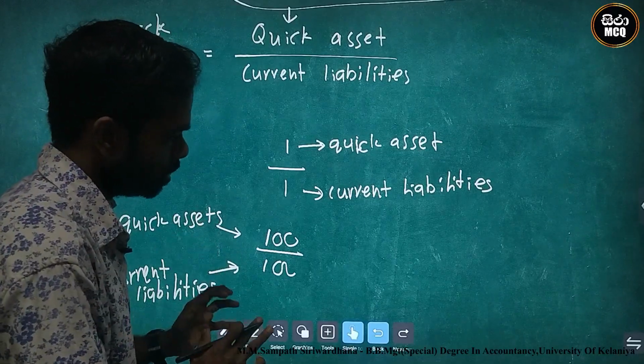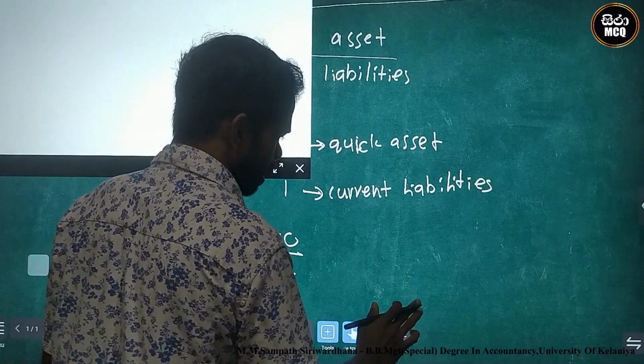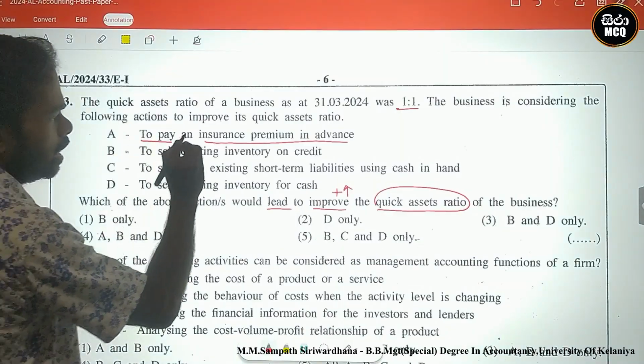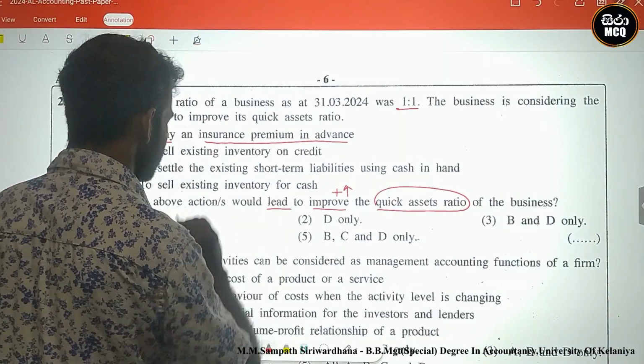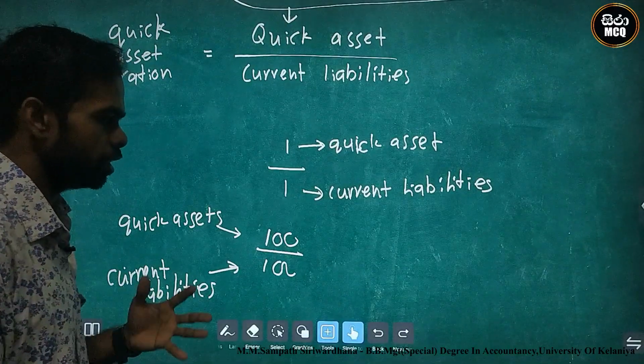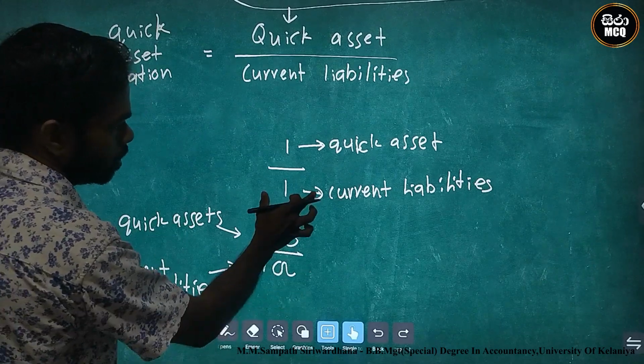After that, what is the impact of the new transaction? The first one says to pay an insurance premium in advance. What is the double entry or impact on assets or liabilities?